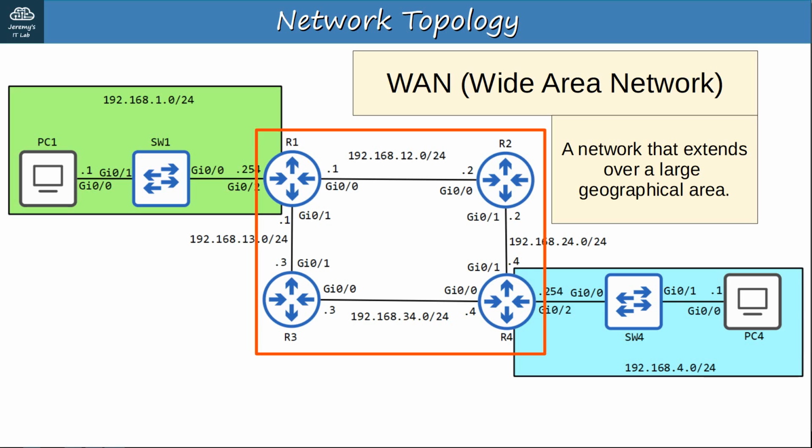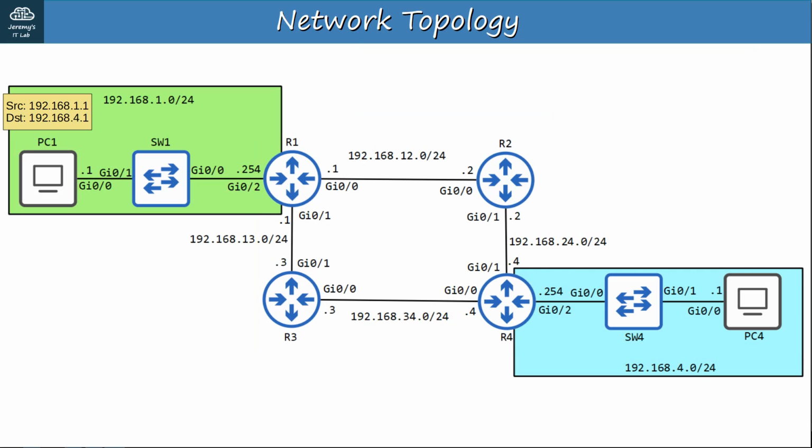Between R2 and R4 is the 192.168.24.0/24 network. Between R1 and R3 is the 192.168.13.0/24 network. And between R3 and R4 is the 192.168.34.0/24 network. I numbered the networks like this to make it easy to understand for this demonstration, but you're probably not going to find networks numbered like this in the real world. But when you're doing labs, it's helpful to make the IP addresses simple to understand.